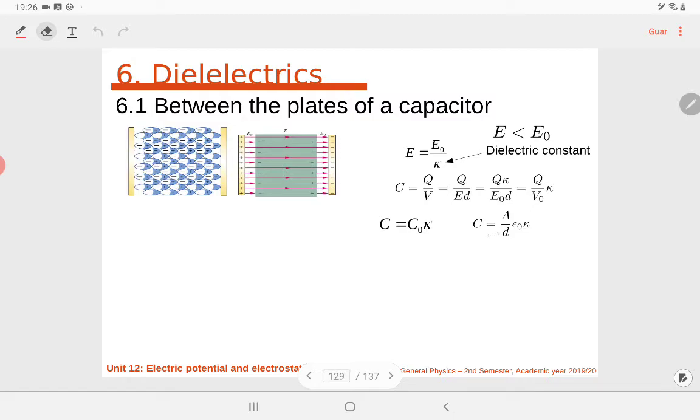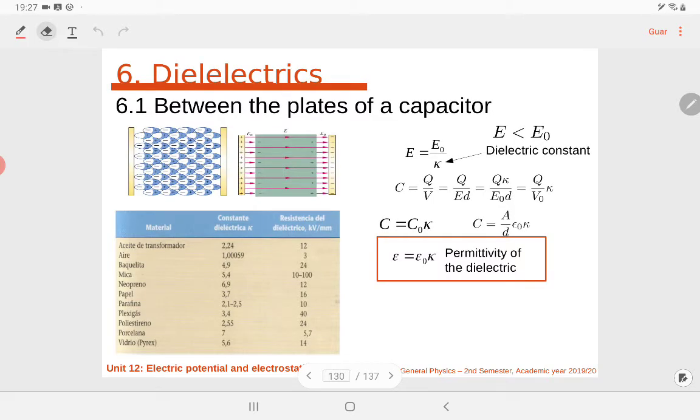So the final capacity for this parallel plate capacitor with a dielectric is going to be given by this expression, where A is the total area of the plates, D is the distance between the plates, epsilon sub 0 is the electric constant, and kappa is the dielectric constant. So in a way, we can put these two constants together: the permittivity of the vacuum, or the electric constant epsilon sub 0, times kappa, and call it just epsilon, which is going to be the permittivity of the dielectric.